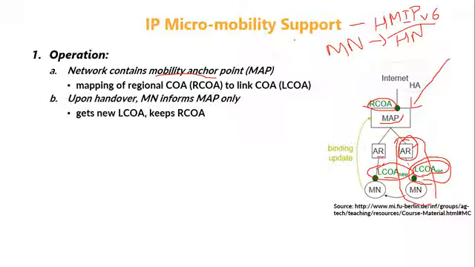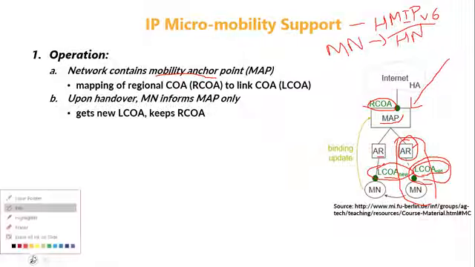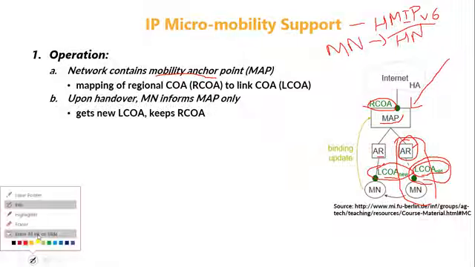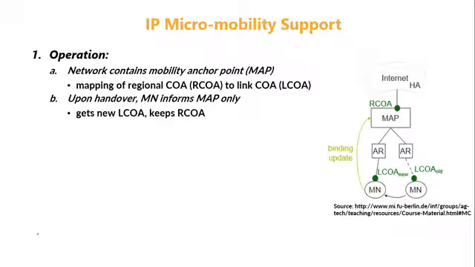But assume that the mobile node is moving beyond a particular geographical area, beyond this particular MAP. In that case, the mobile node will register with the HA and update it, saying that it is connected with some other MAP.